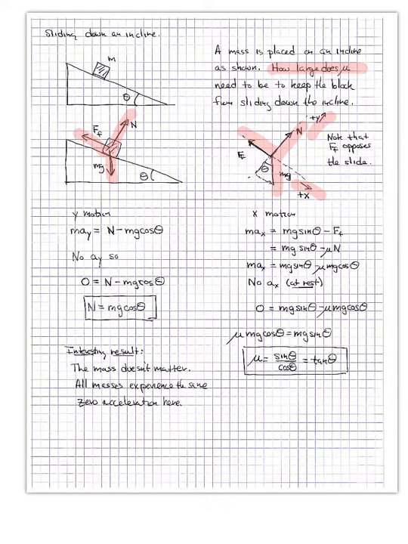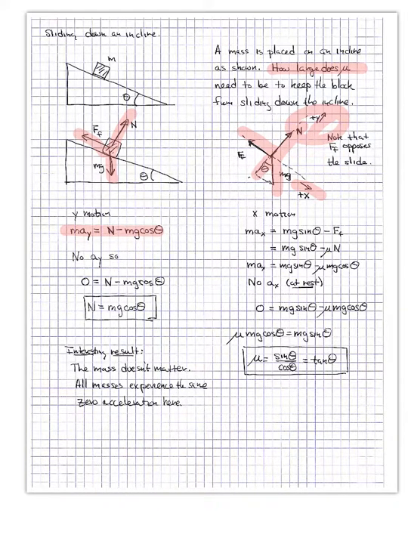So the y motion is along this direction right here, right? So the net force in the y direction is the normal force minus a component of the gravitational force, this component right there, right? So the net force in the y direction, which is perpendicular to the plane of the incline, would be n minus mg cos theta.